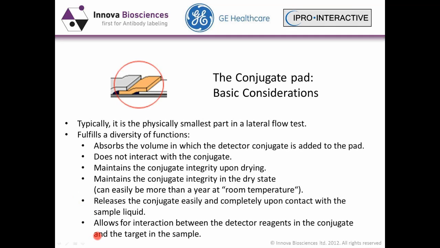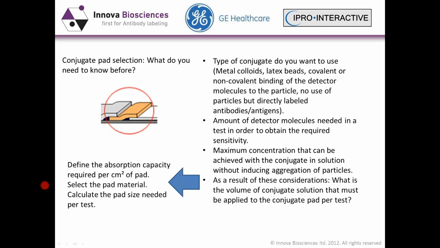This happens quickly, and the conjugate pad allows for this interaction in terms of the chemical composition of the liquid in the conjugate pad. So you see it's an awful number of functions, and in our experience, most issues with rapid tests have their origin in the conjugate pad, or in mistakes that have been made in pre-treatment of the conjugate pad or in the conjugate itself.